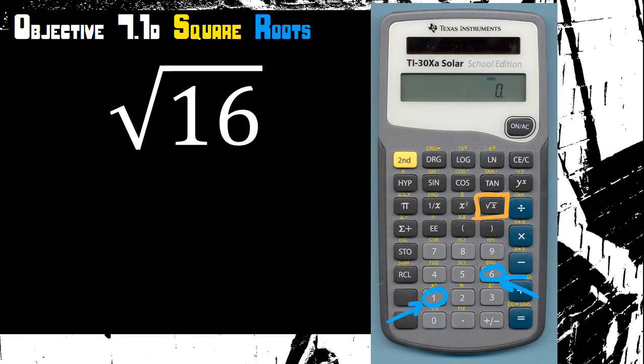Here is the square root button right there. After you type in 16, you press that button, and it will automatically give you the number 4. So go ahead and pause the video, try that, and ensure that your calculator works. That's a really easy way to check the square root of a number.